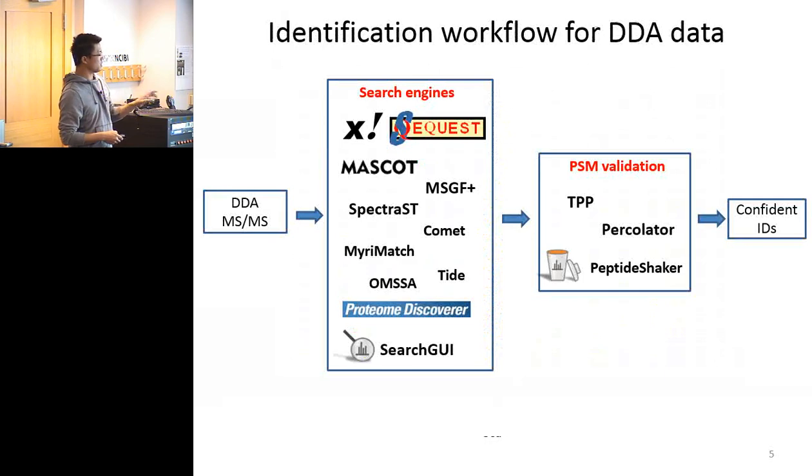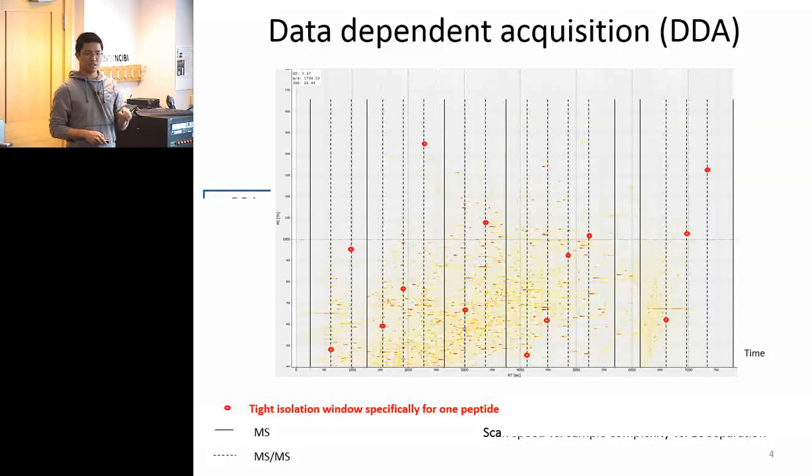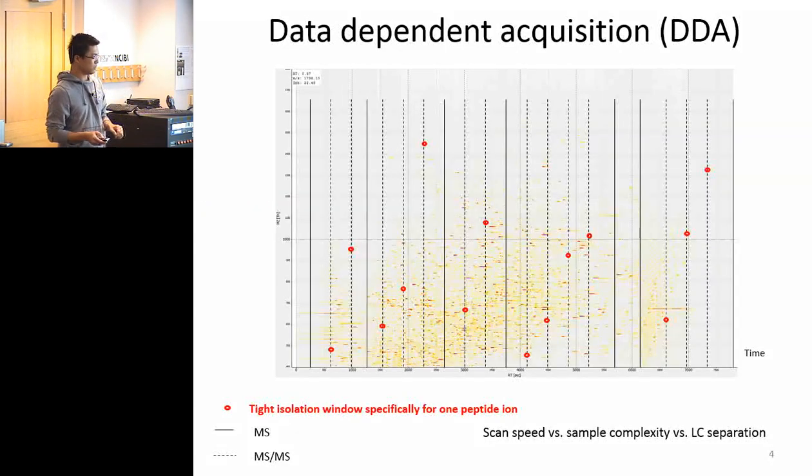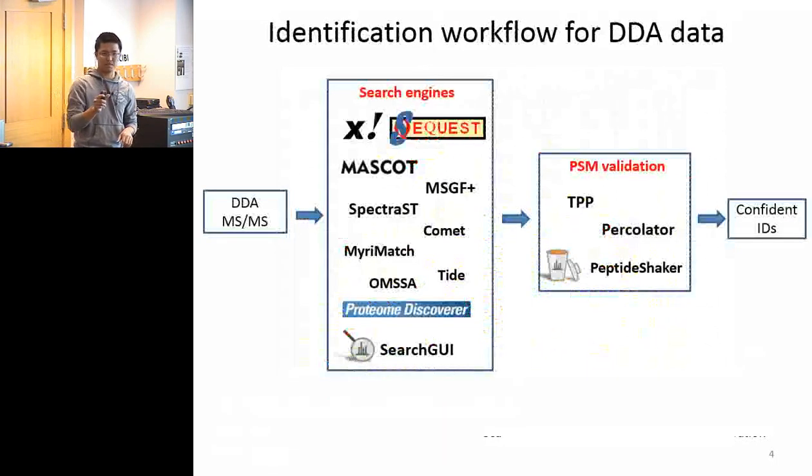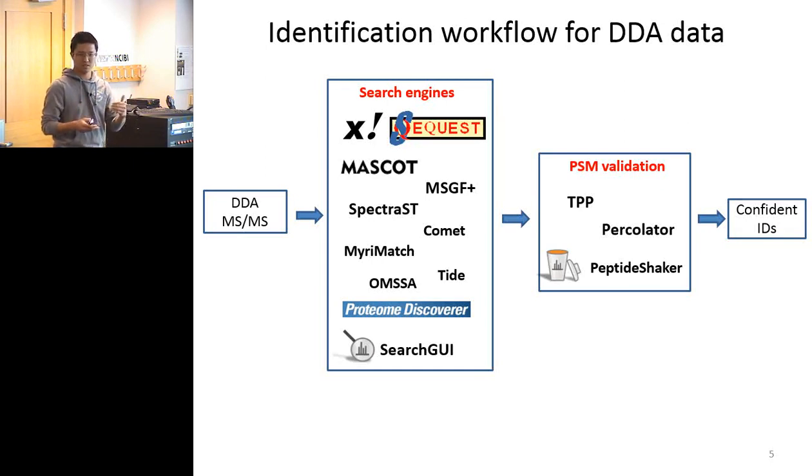Once you get all those MS spectra, the conventional way to identify them is through database search. The way database search works is, once you have the MS spectra, you assume you are analyzing, say, human protein or mouse protein. Because of genomics, we already have the genomic sequence, so we already have the protein sequence that we expect to see.